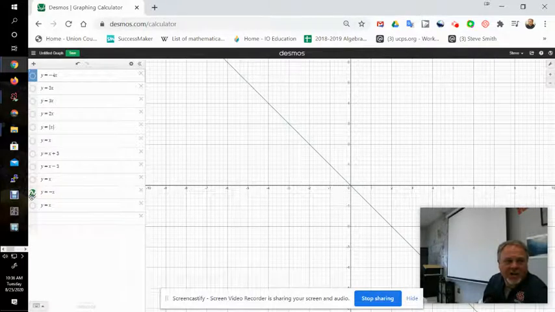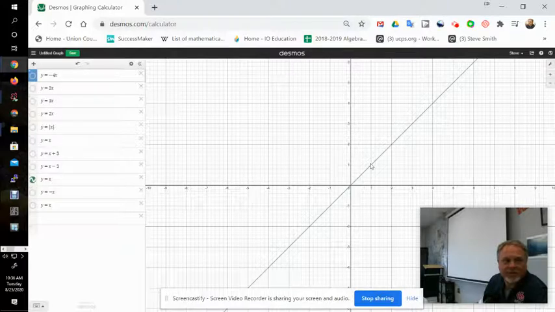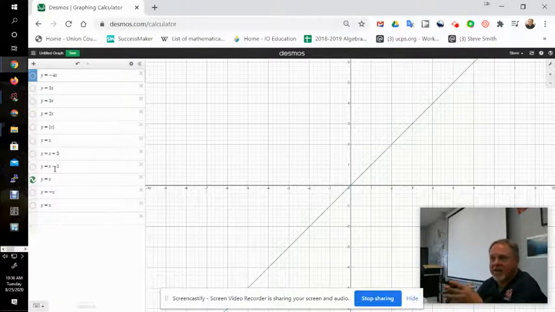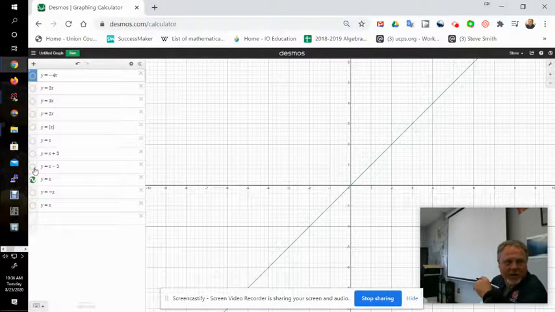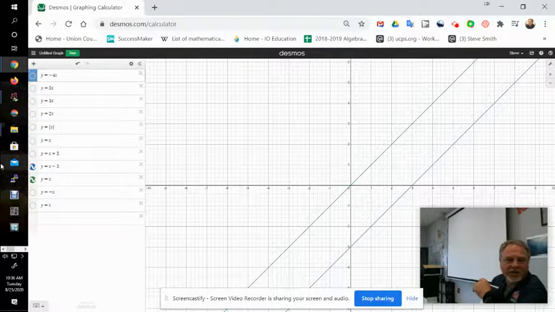Looking back at the graph of y equals x, the good old nice and simple, it's about as simple as it gets for a linear function. Let's see what happens if we add or subtract a number at the end of it. That gets us back into slope-intercept form, where you have that b, the y-intercept. Let's say y equals x minus 3. Notice the blue line there.